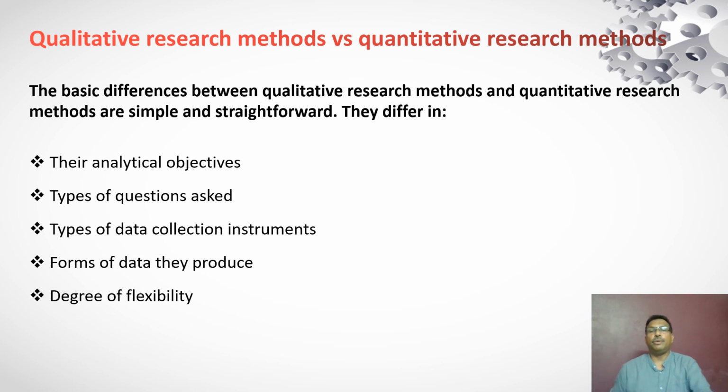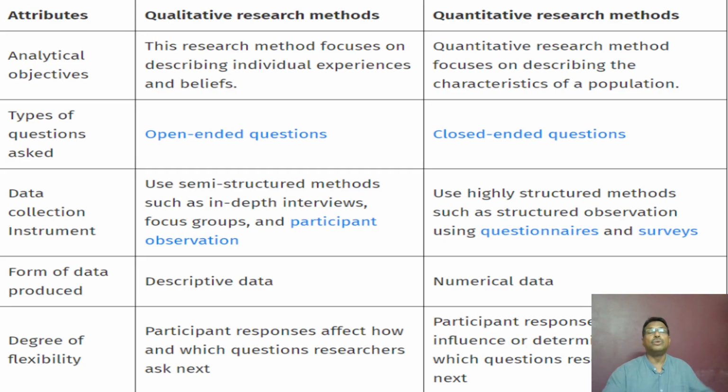The basic differences between the qualitative research method and the quantitative research method are simple and straightforward. They are analytical and objective. The type of question that they ask, the data collection methods, the forms of data that they produce, and the degree of flexibility are also important. So, winding up, what are the qualitative research method and the quantitative research method?